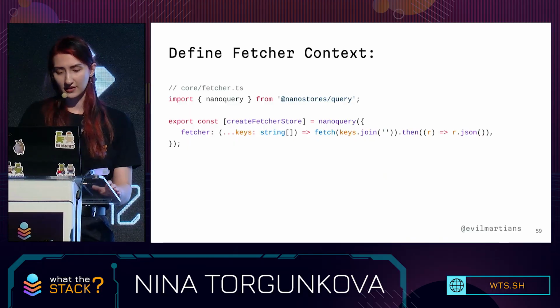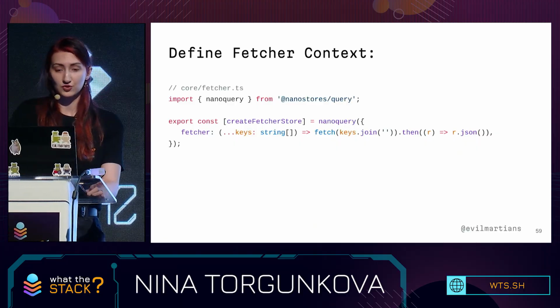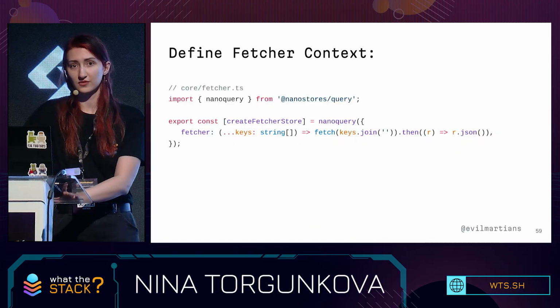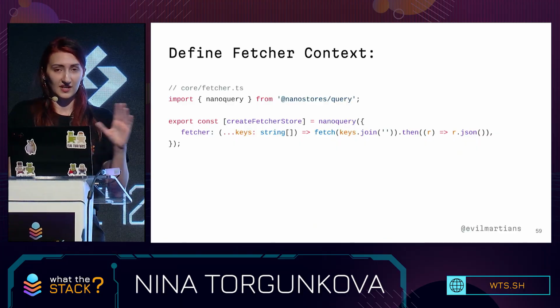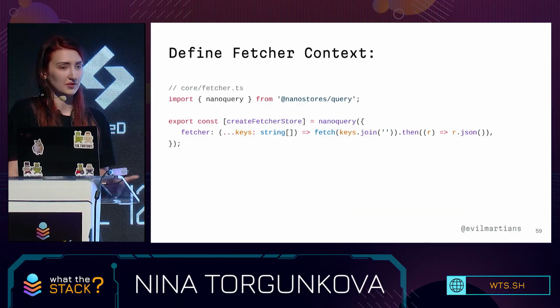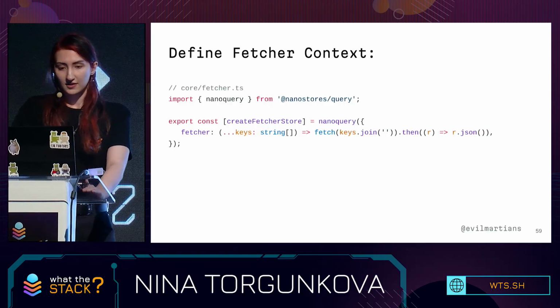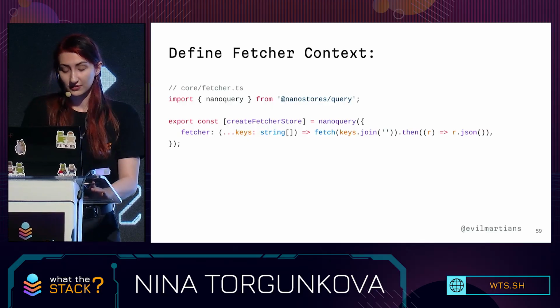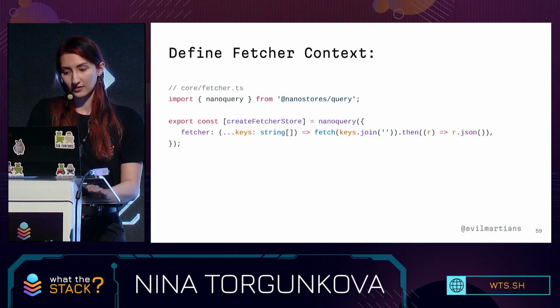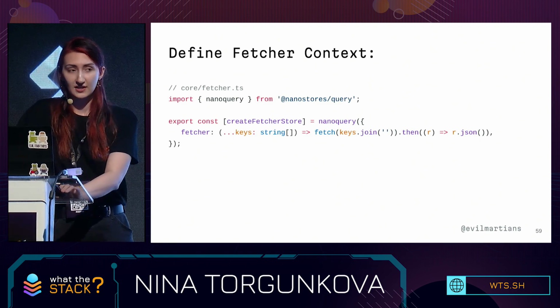First, we need to define fetcher context. That will allow us to ensure that all the fetcher stores that we use share the same behavior. It will also make it simpler to use it in tests or stories. Here we import a new function nanoQuery, which receives the default fetcher implementation.